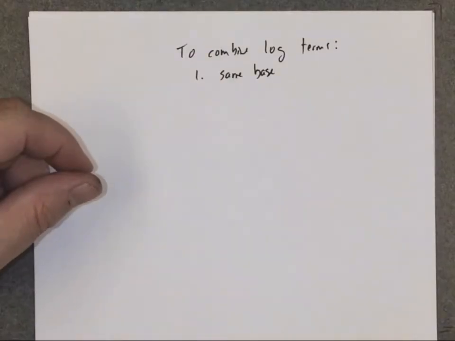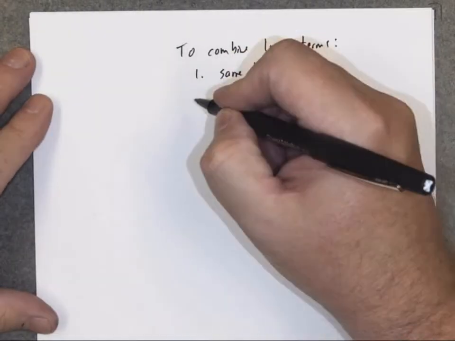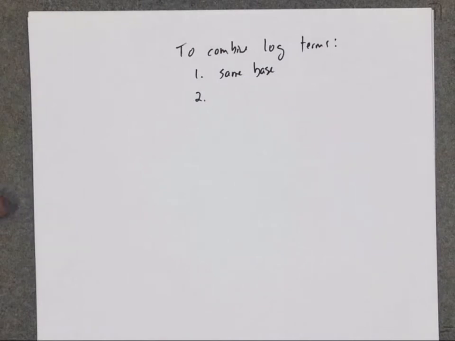In my experience, I haven't yet seen a problem in this class where they give you log terms at different bases. It's almost always the same base, but we need to go and say it just to make sure. Now the second one, we actually have to do some work sometimes.